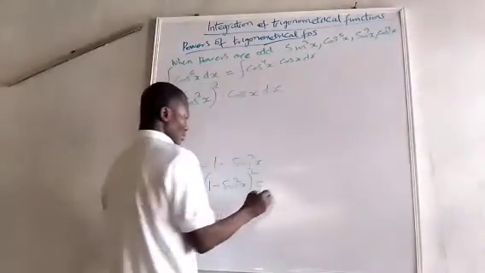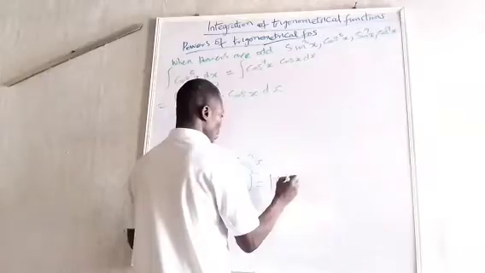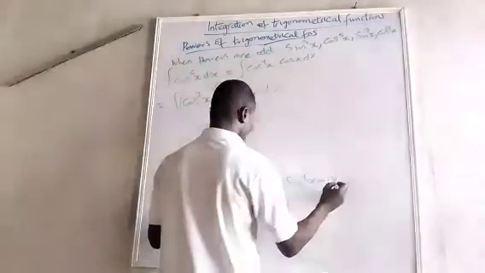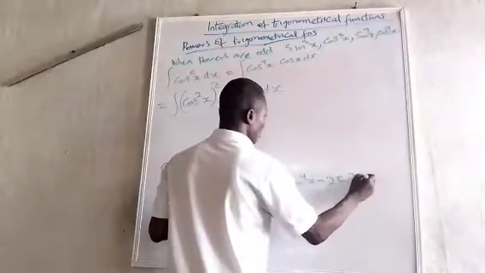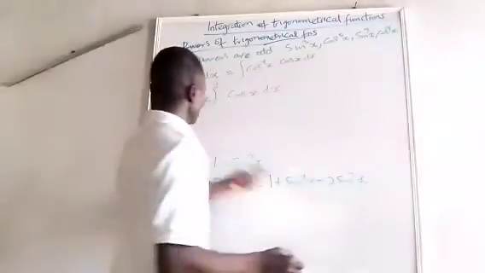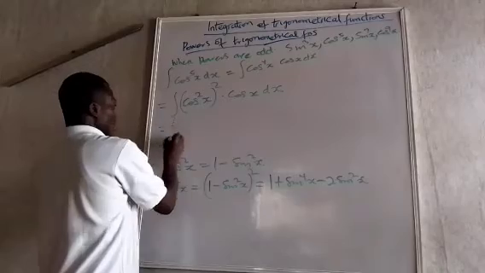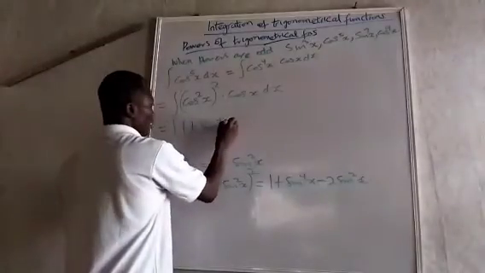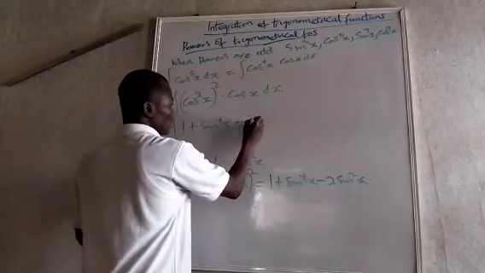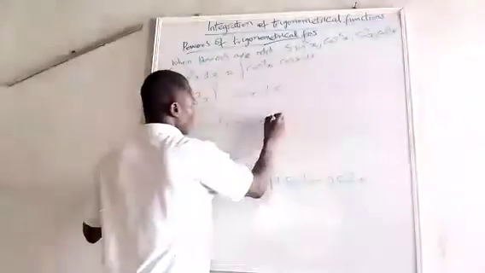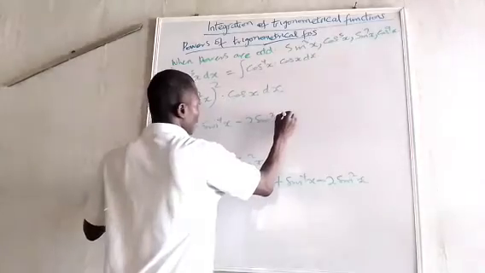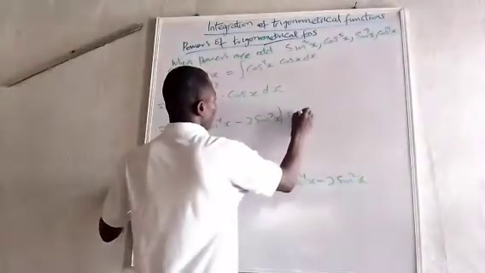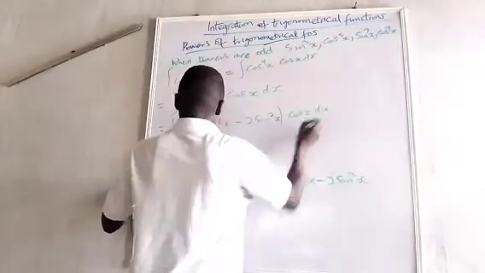And that's going to give me 1 plus sine raised to power 4x minus 2 sine square x. So I'm going to put this one in this place. So it's going to give me 1 plus sine raised to power 4x minus 2 sine square x, cos x dx.